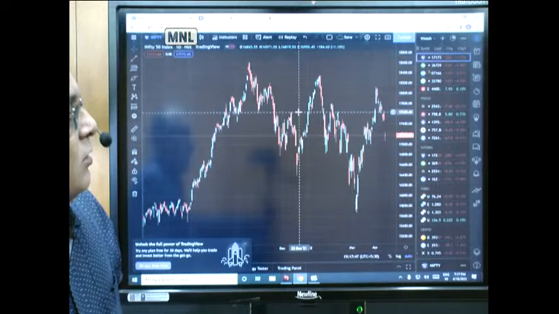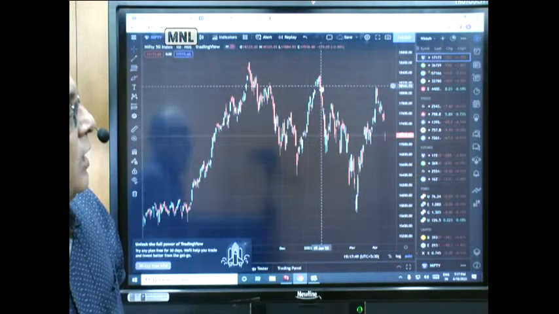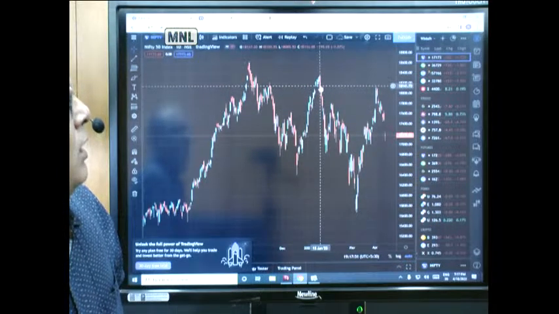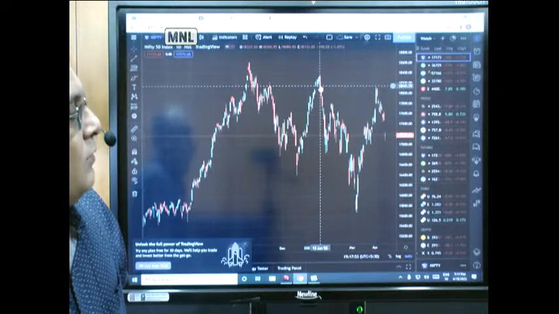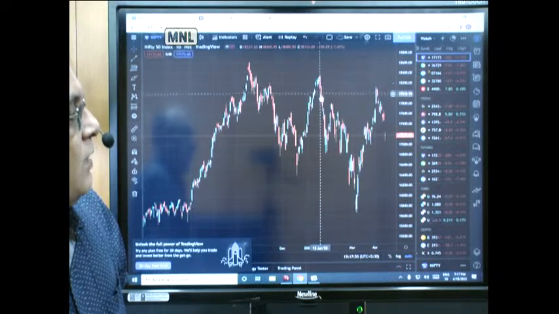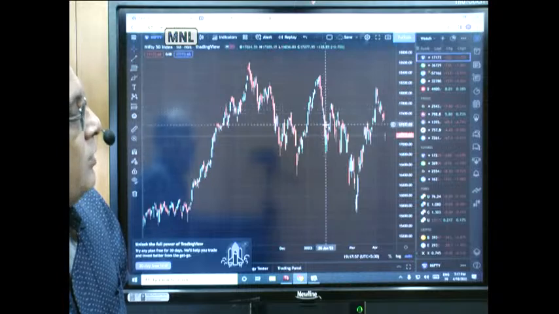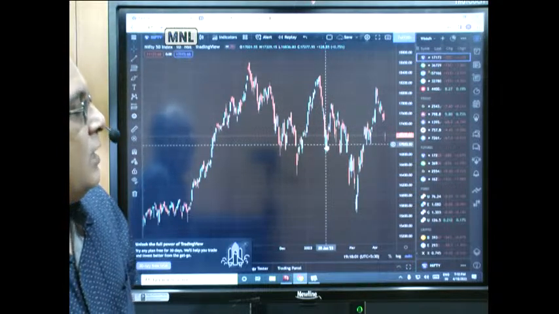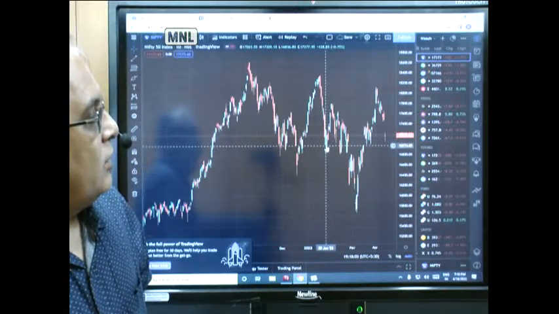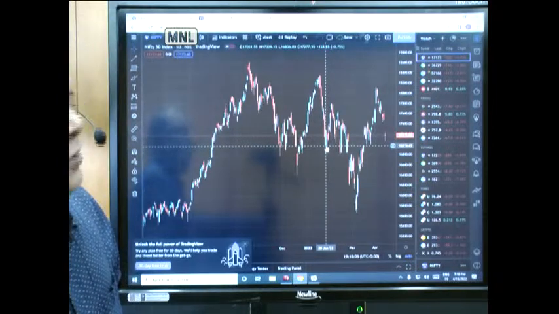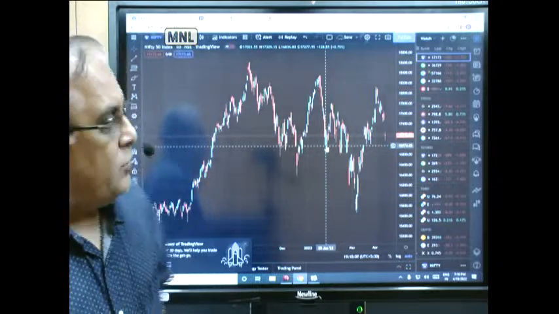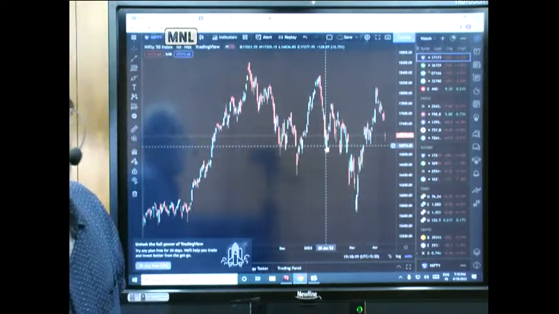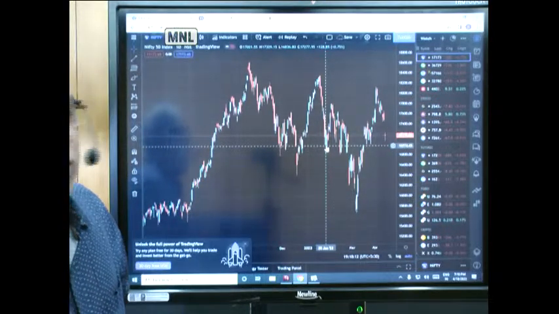Once it started going above 17,600, it went up to 18,350. Then any fall below 17,350 meant the fall had taken place. So from 17,003, it has come down to 17,000, 16,836 or so, which means any rally will meet resistance close to the 17,800 level.